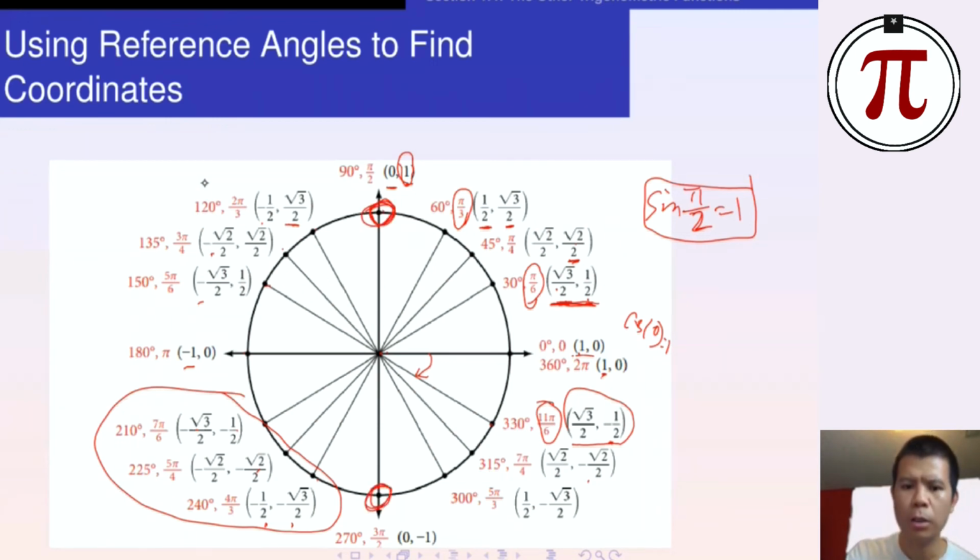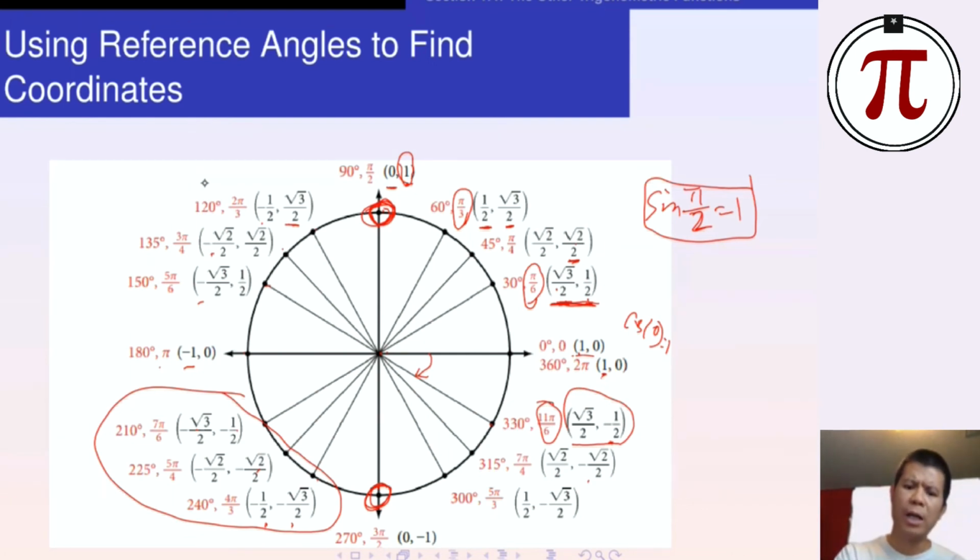Here it represents pi over 2, and the bottom is 3 pi over 2. Pi over 2 is 0 plus pi over 2, and 3 pi over 2 can be written as pi plus pi over 2.